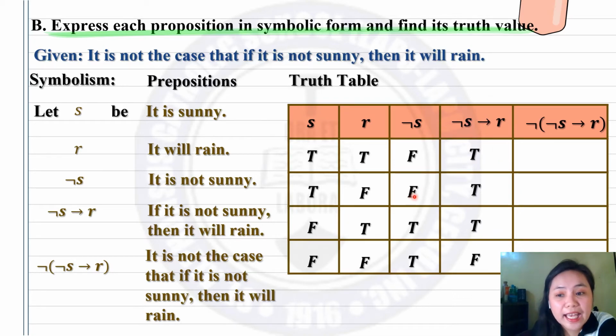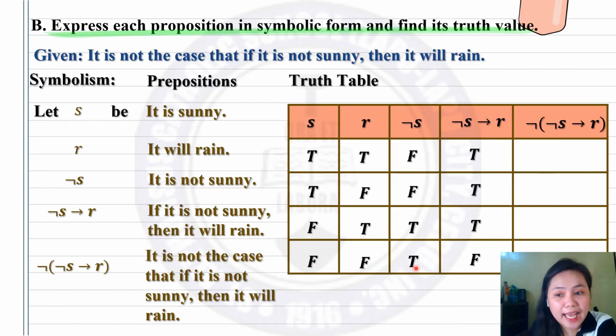If not S is false and R is false also, its implication is true. Next, if not S is true and R is true, its implication is true.